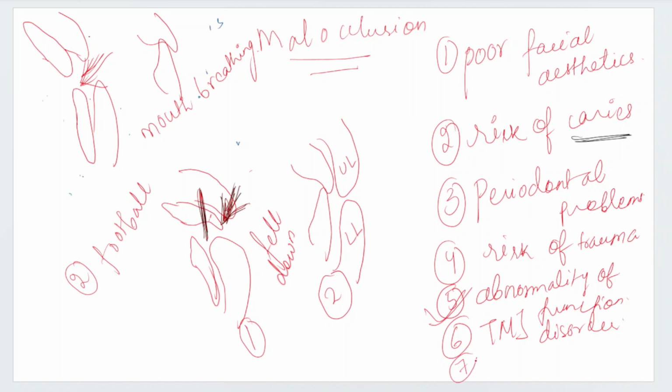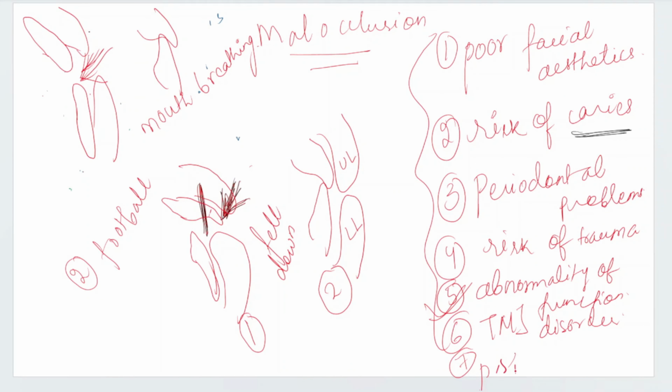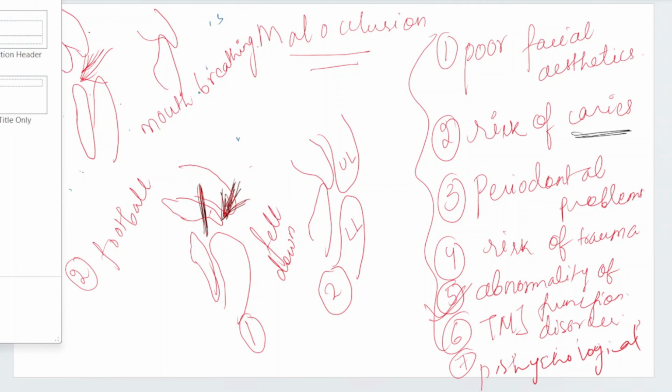And if all these things are happening, of course, it will have some psychological problems, don't you think? So, psychological problems. These are unfavorable sequelae of malocclusion, correct?